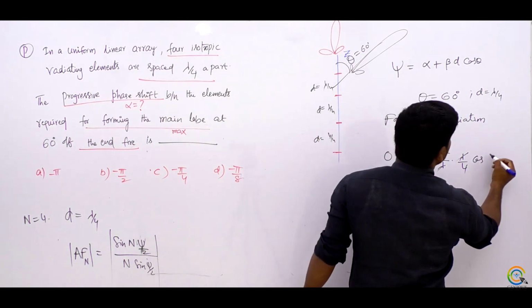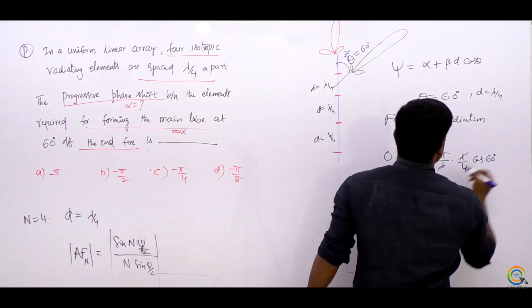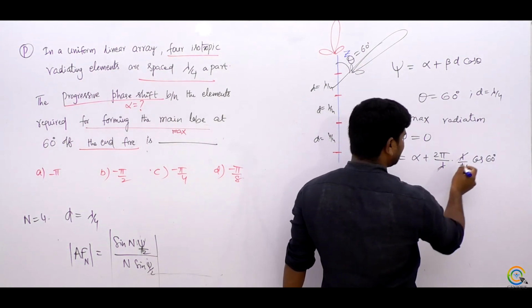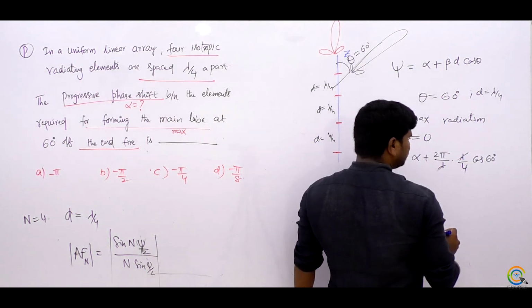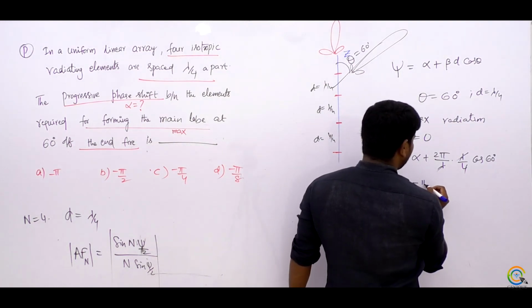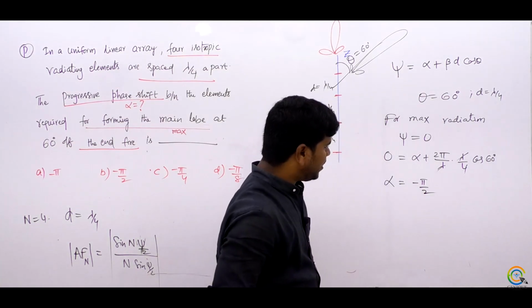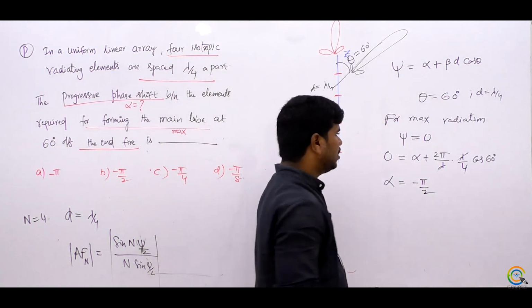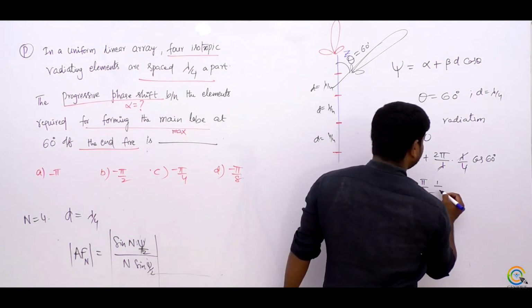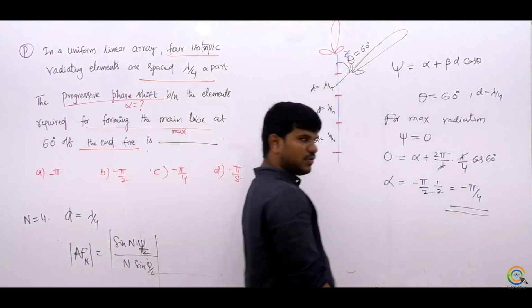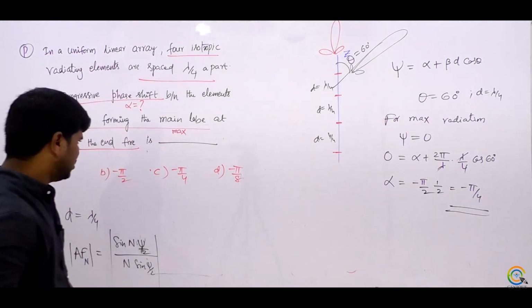This is cos 60 degrees. So alpha equals minus 2 pi by 4, which is minus pi by 2, times cos 60, which is 1 by 2. This is minus pi by 4. Alpha equals minus pi by 4 radians.